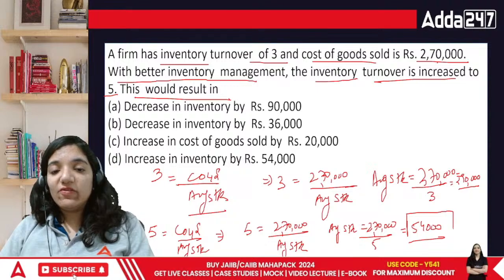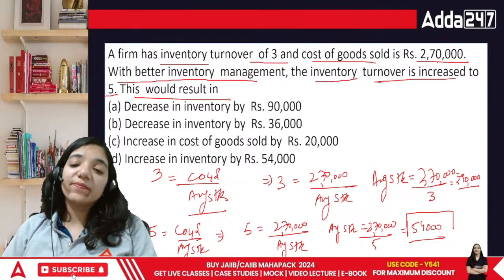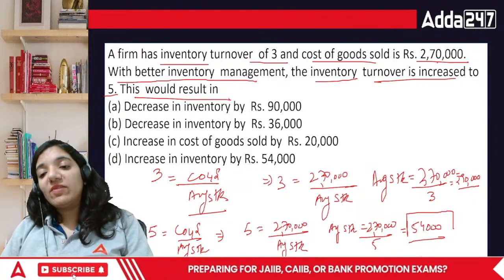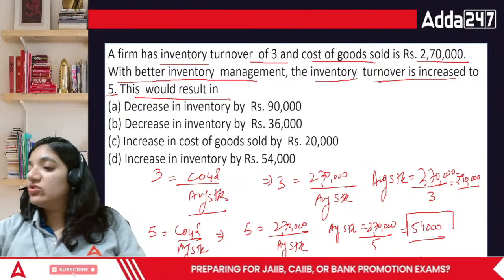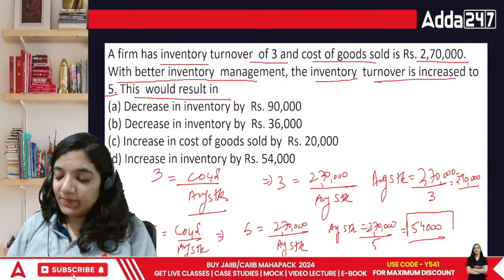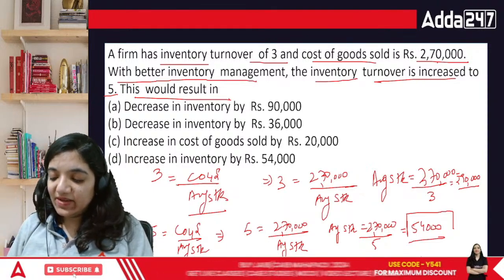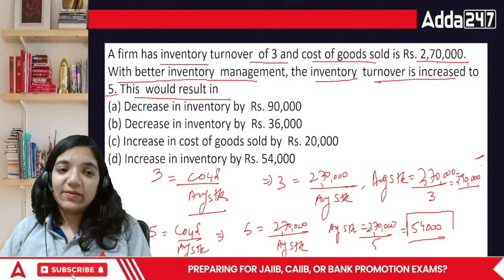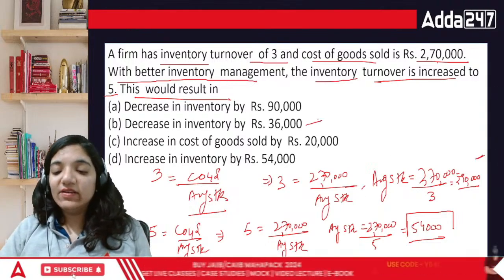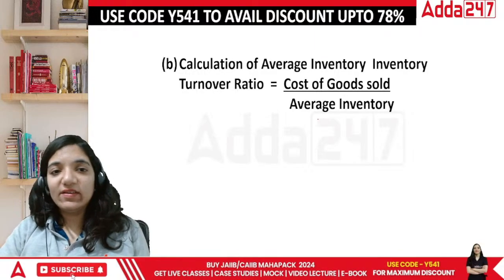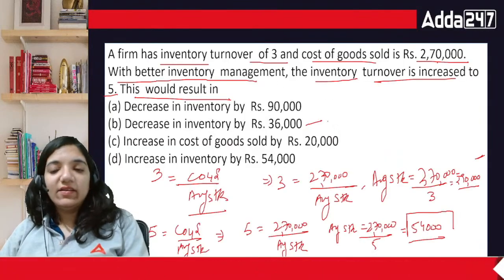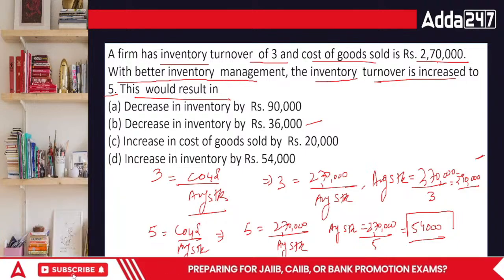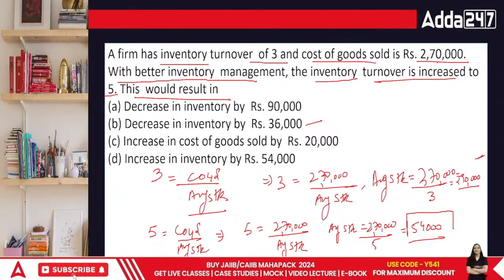Can you see there's a fall in average stock? The stock that we are having during the year has gone down from 90 to 54. So what's the amount that is coming here? 90 minus 54 gives us 36. So in this case, the answer is B. Go ahead and check it out, everyone. I hope the entire question is visible clearly. Take a moment and see it.